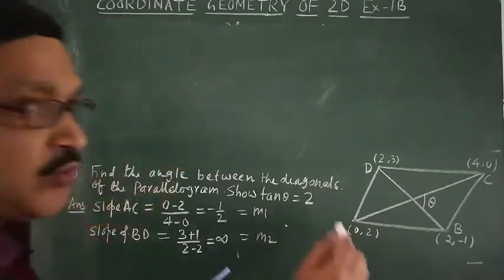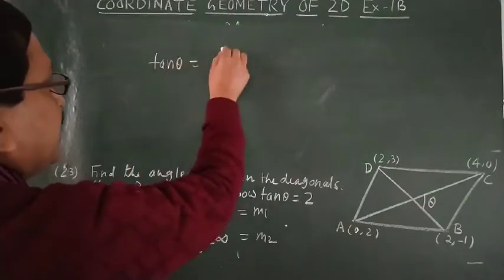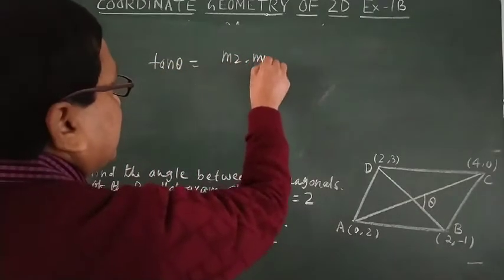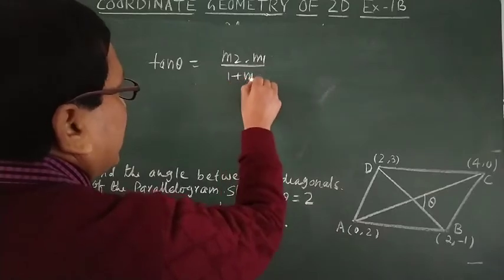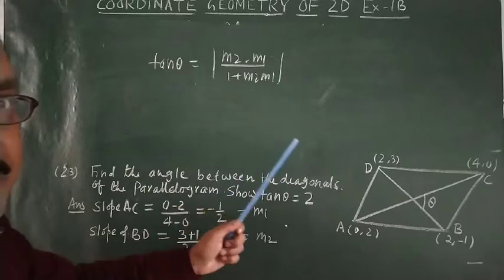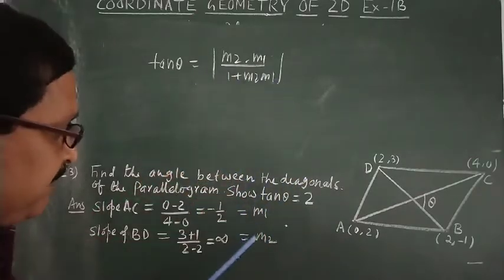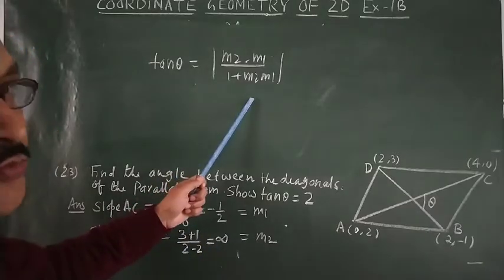Now one more formula you have to know. Tan theta is usually (m2 minus m1) by (1 plus m2 m1). This is used to find the angle between two lines, but if one of them is infinite, then this may not work.